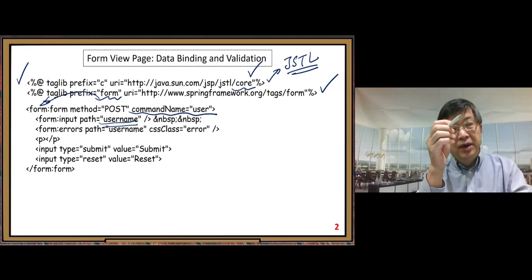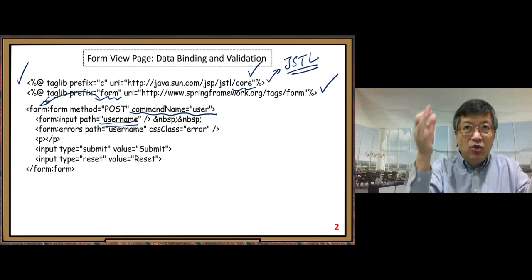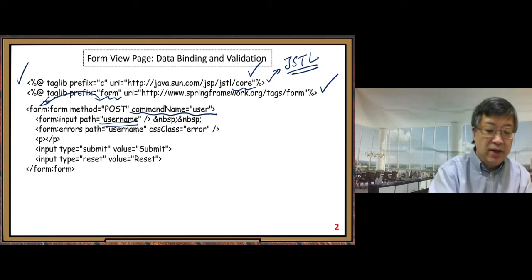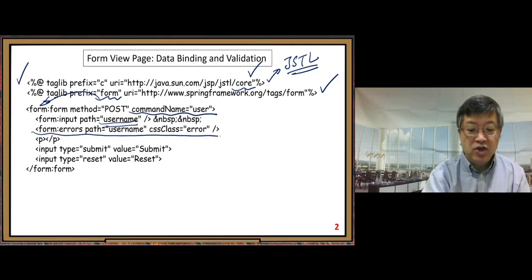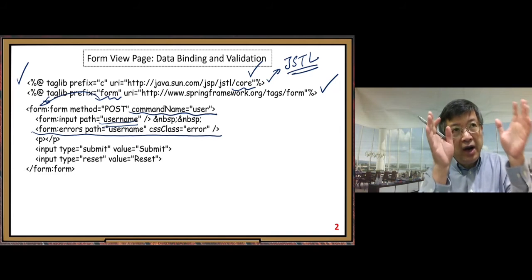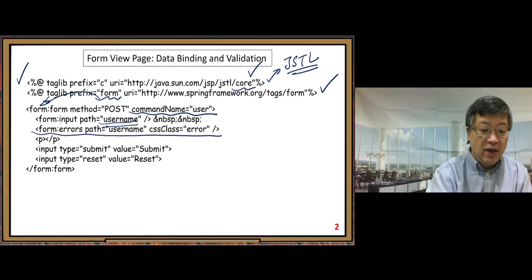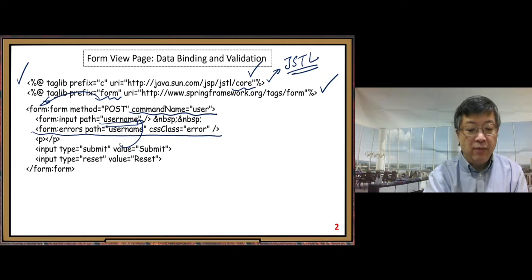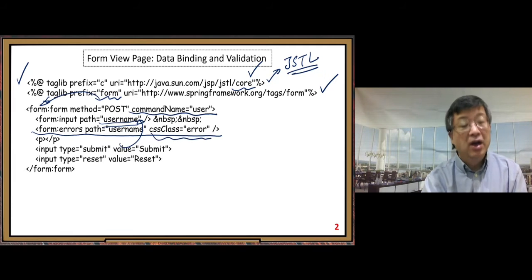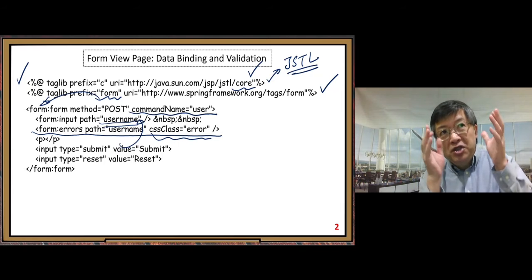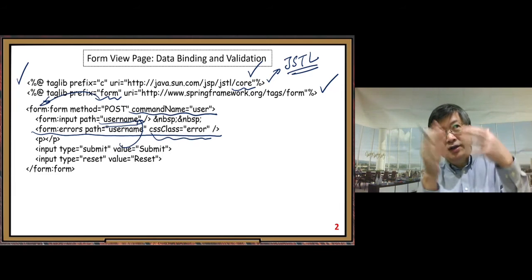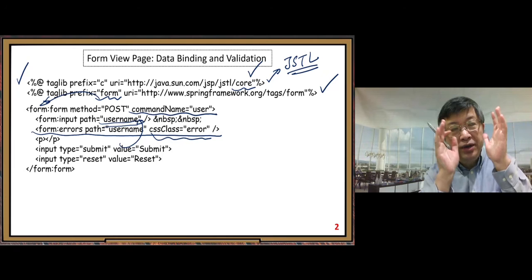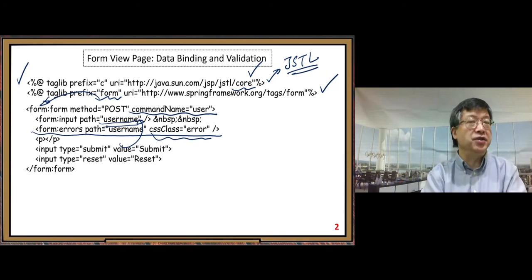When you need to display an error message, where do you display it? So the next element specifies the error location, the error element: form:errors, path. So the error is associated with the username property. And the CSS class, because you have some style, such as a red font, to display the error message.